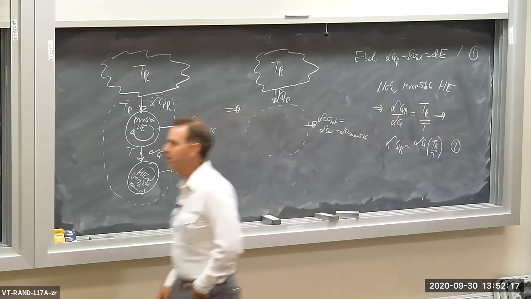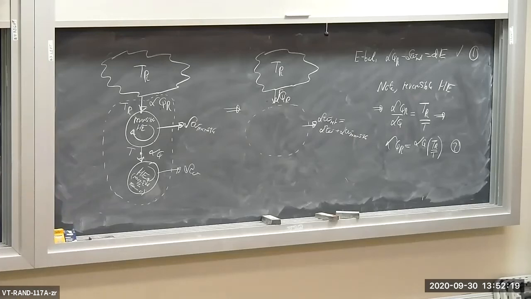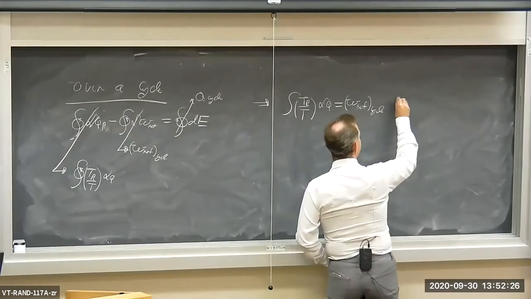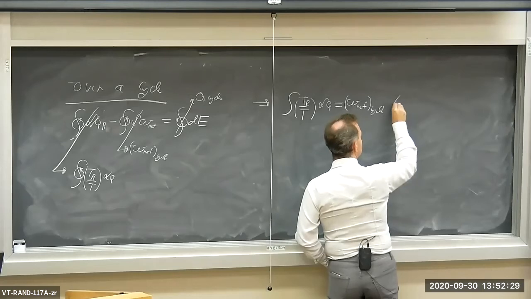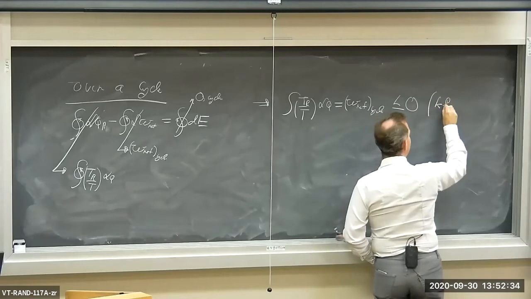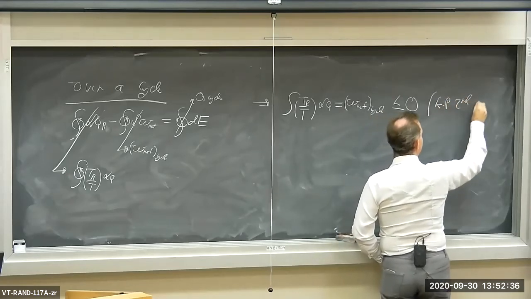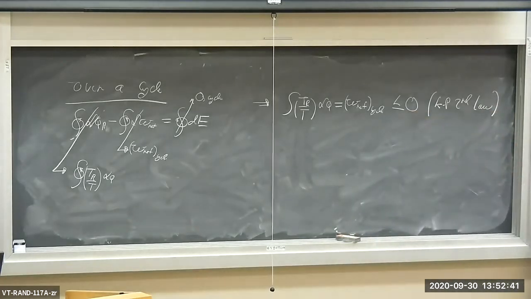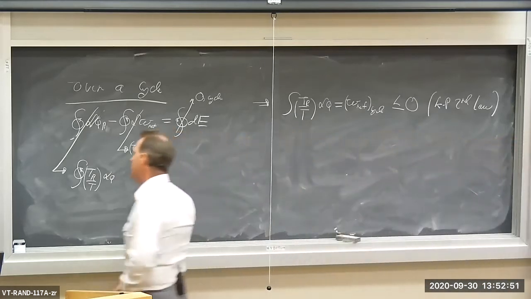So W net over the cycle cannot be positive. It cannot produce work. W net cycle can either be 0 or negative. The device can either do nothing or it can receive work. You can do work on it and it produces the equivalent amount of heat.